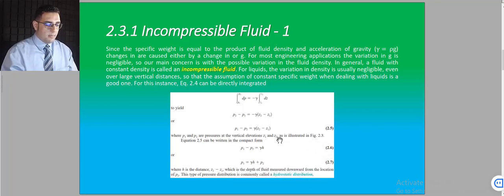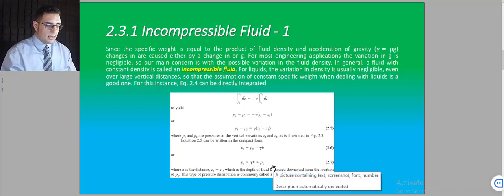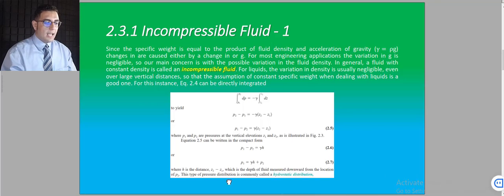Having it in a normal order, we have equations 2.6 and 2.7. The ultimate equation is 2.7, which is regarded as a hydrostatic distribution, which is P1 is equal to gamma H plus P2.